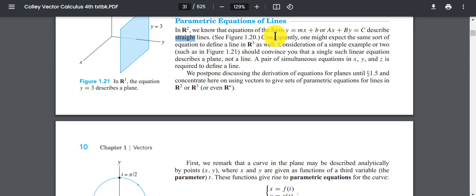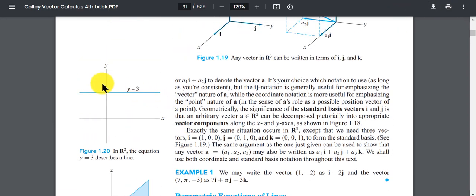So she says, consequently, one might expect the same sort of equation to define a line in R3 as well. Consideration of a simple example or two, such as figure 1.21, should convince you that a single such linear equation describes a plane, not a line. So I guess she says, here's y equals 3. This defines a line.